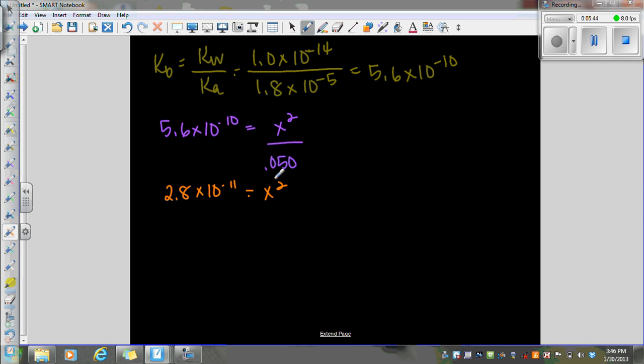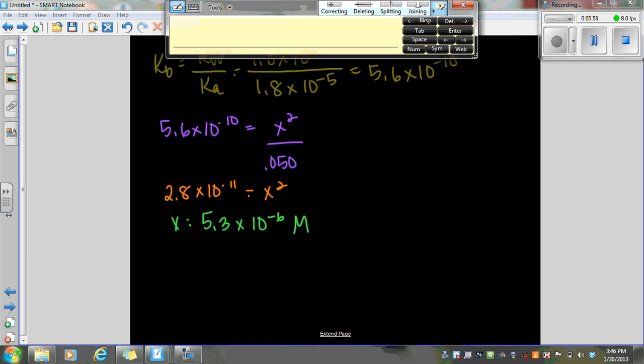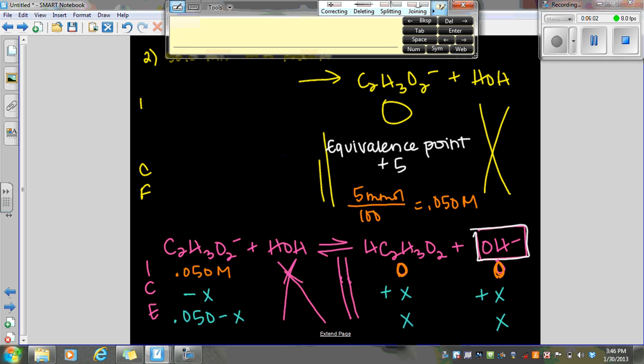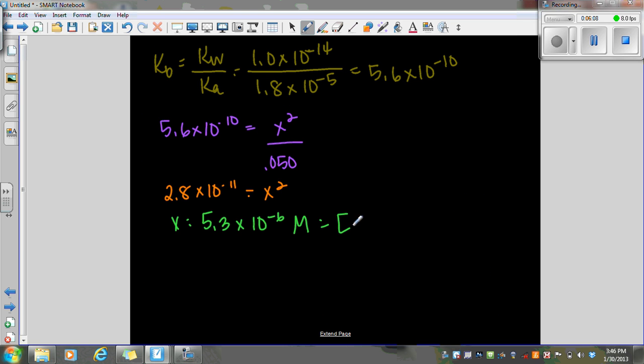So now I want to take the square root of that, and my x is 5.3 times 10 to the negative 6 molar. Now, looking back at my previous page, my x is equal to hydroxide. So this is my hydroxide ion concentration.